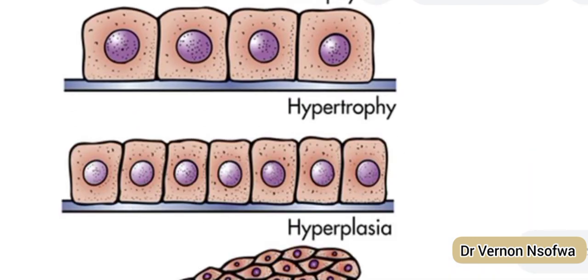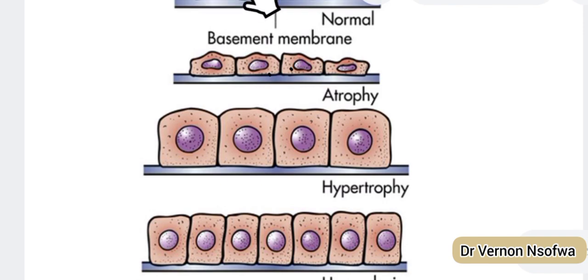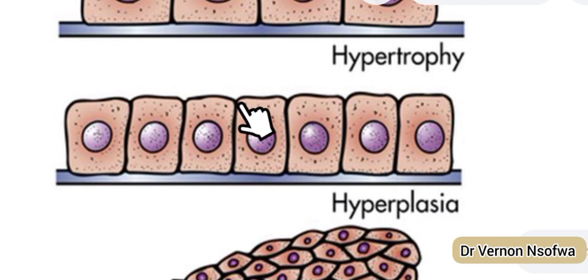The reason they are multiplying is that they want to form a big team so they can work together to resolve that insult. So these cells have proliferated. But if you look, the size is the same. So the only thing that is happening in hyperplasia is that there is an increase in the number of cells. Very good point to understand.